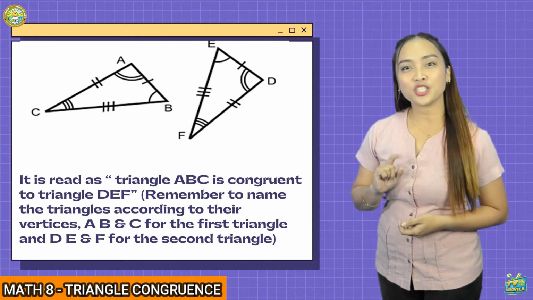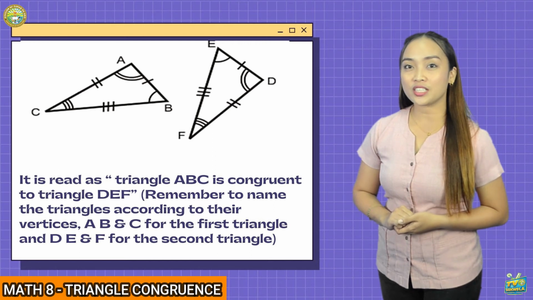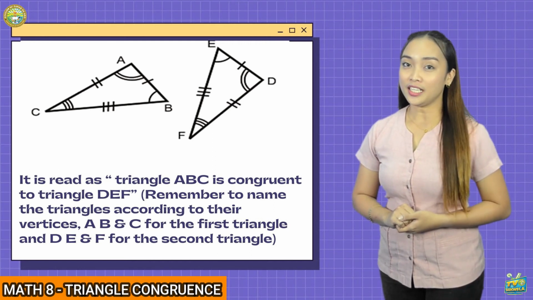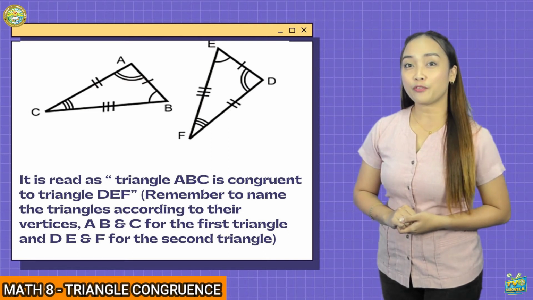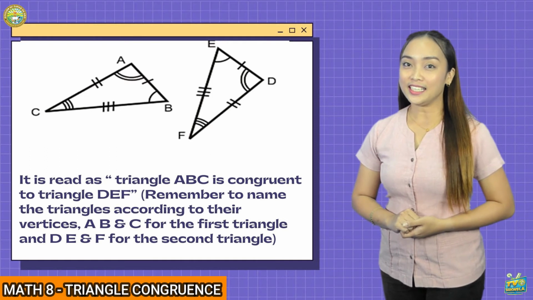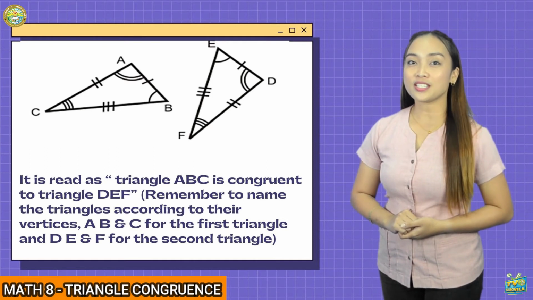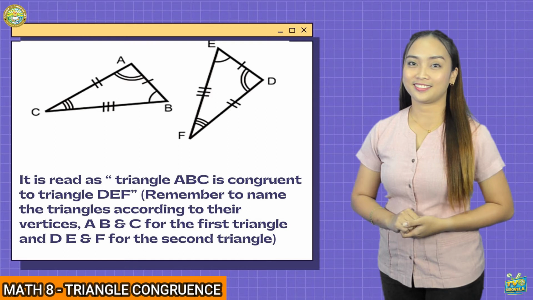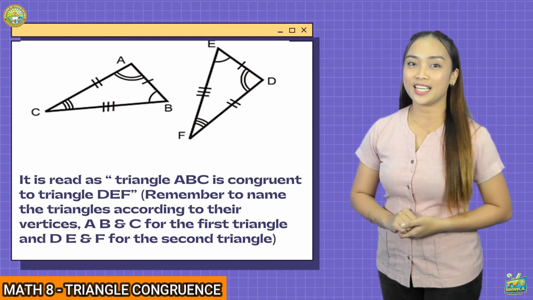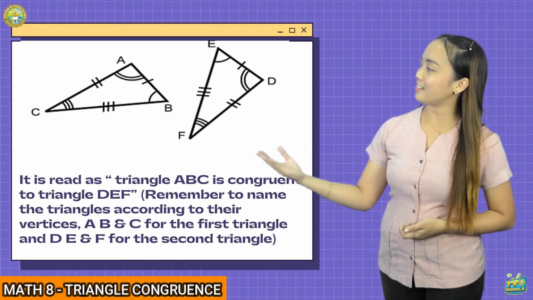Remember to name the triangles according to their vertices: A, B, and C for the first triangle, and D, E, and F for the second triangle. Also remember the symbol for congruency and the symbol for triangle.